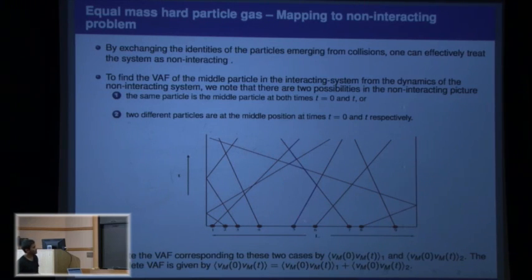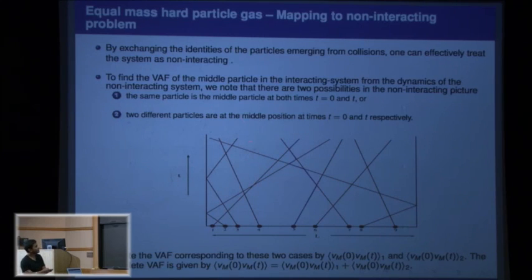Okay, and then what we are interested in is this middle particle, which is colored like this. And you can map this to a gas of non-interacting particles and extract the correlation functions.